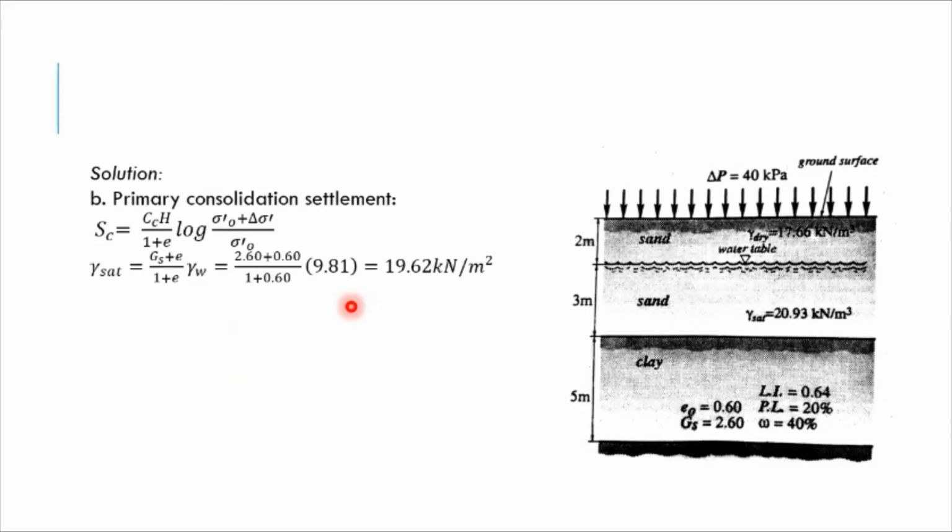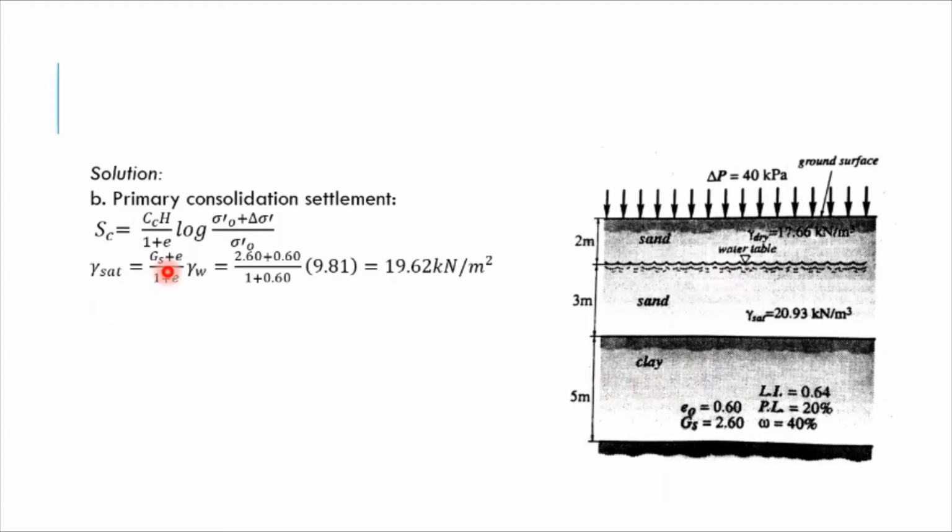So how are we going to solve for the overburden pressure? In this case, the only unit weight given is the unit weight of the sand, the dry sand and then the saturated sand. But the unit weight of the clay is not yet given. So we have to first get the unit weight of the clay layer. So the unit weight of the clay layer, because it's under the groundwater table, is saturated.